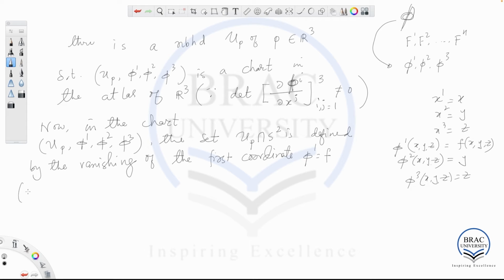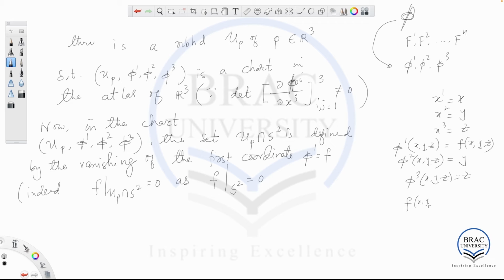Okay, indeed we see that F restricted to UP intersected with S2 is equal to 0. Why is it the case? As F restricted to S2 is 0, right? Remember what is F?